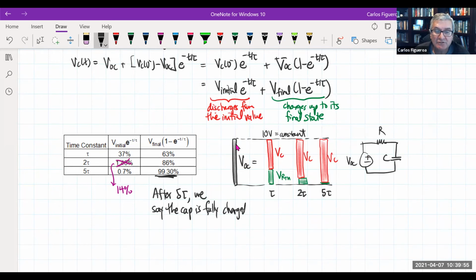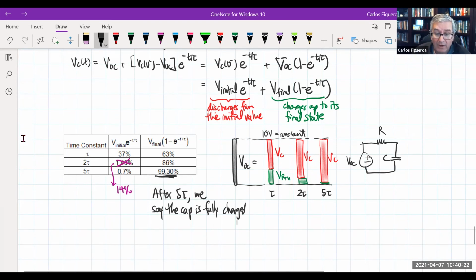Is there atmosphere above that? Absolutely. But it's so minuscule that we just don't think about that. The same thing happens with the charge of the capacitor. At 5 tau, the vast majority of the charging has been done. 99.3% is what we say is a fully charged capacitor.